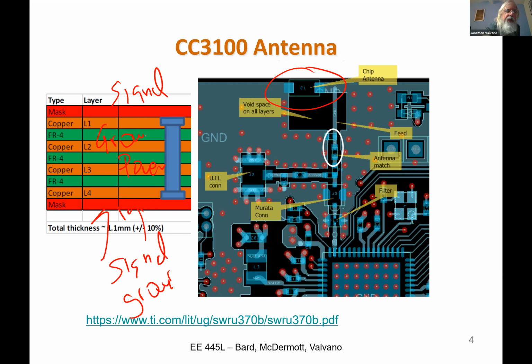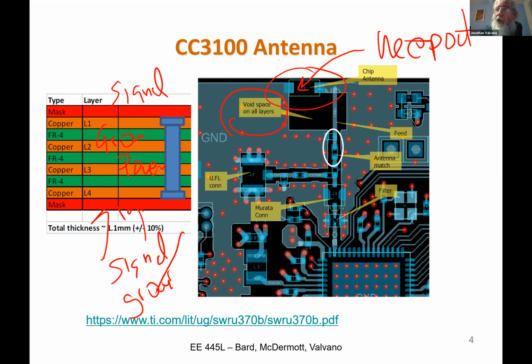So you've got power, ground, signal, ground, power, signal, ground. And obviously it has to do with electromagnetic waves, so you're not surprised to see a keep out around the antenna. Void space on all layers.